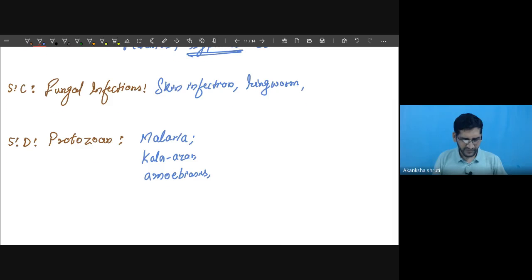Mosquito based also. Direct mosquito bite, like elephantiasis. Dengue. Dengue is viral.